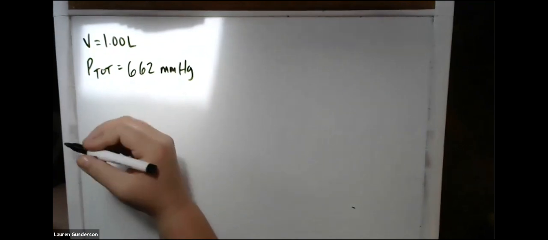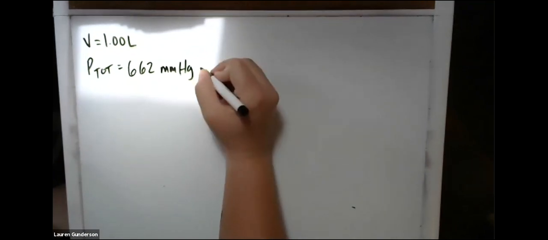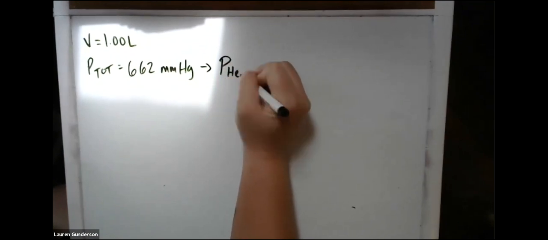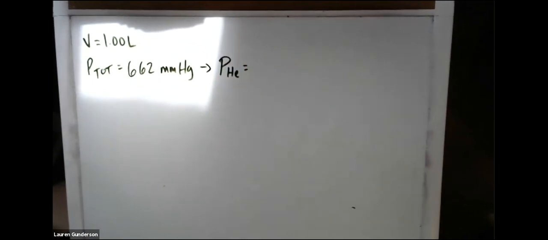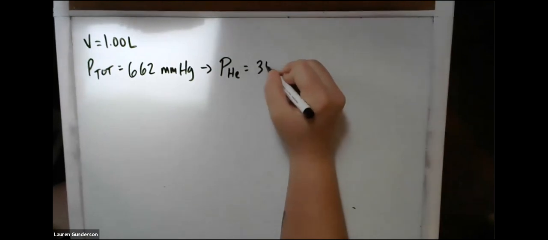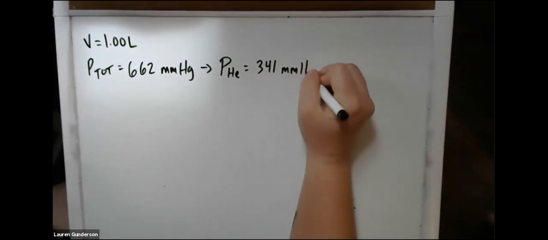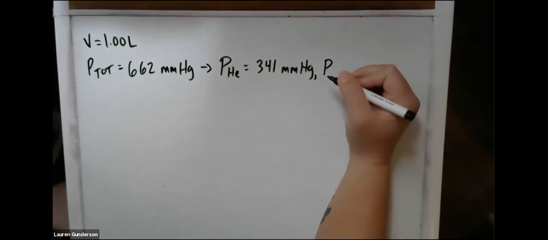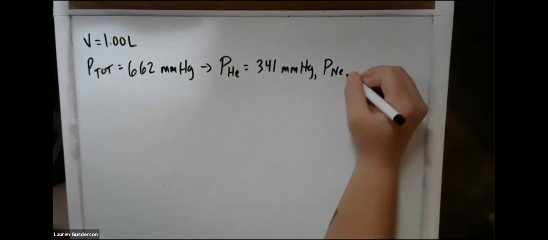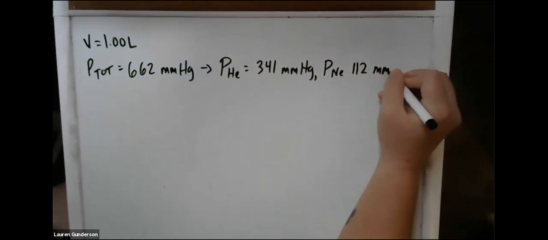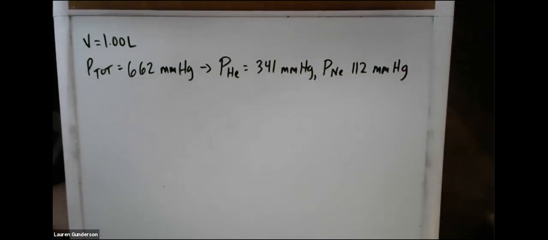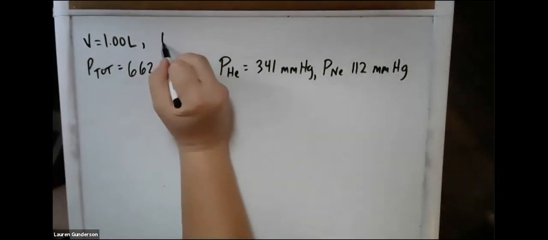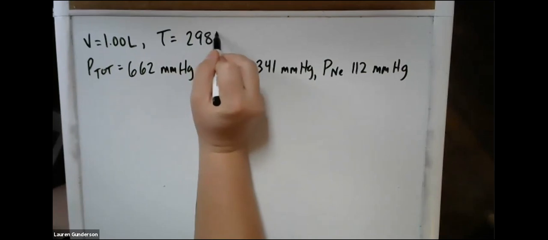Our partial pressure of helium, so we're going to note that P of helium, is 341 millimeters of mercury. And the partial pressure of neon is 112 millimeters of mercury. Oh, and our temperature, let's put a comma. Temperature equals 298 Kelvin.